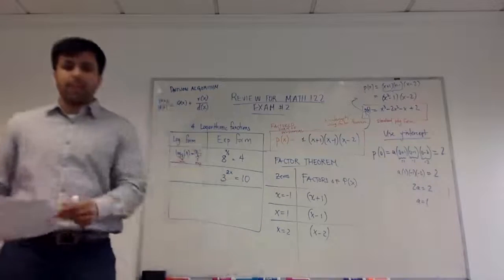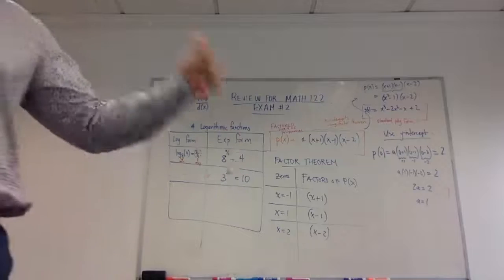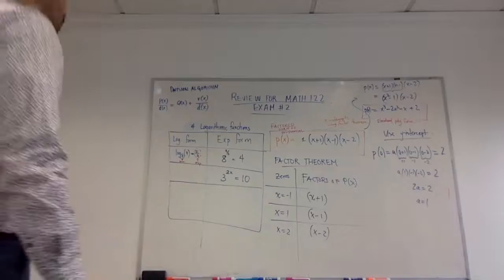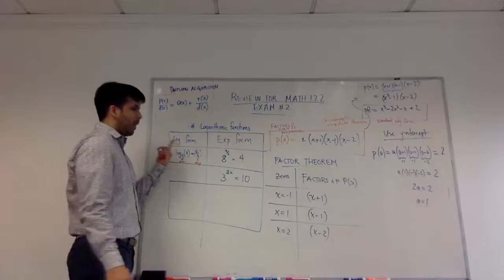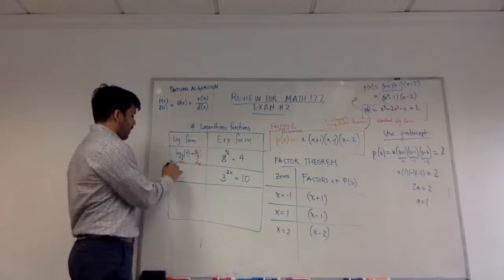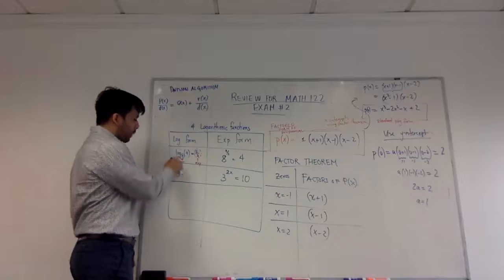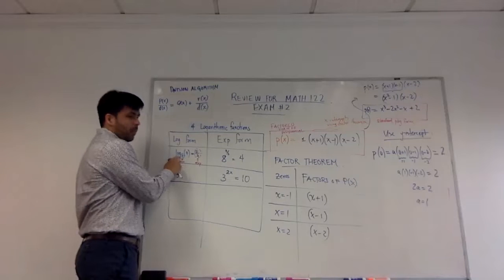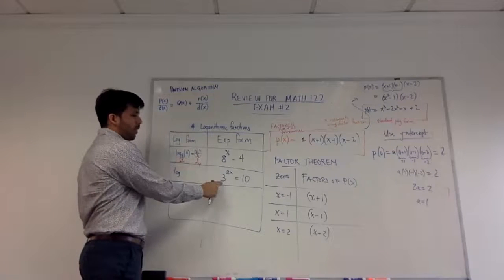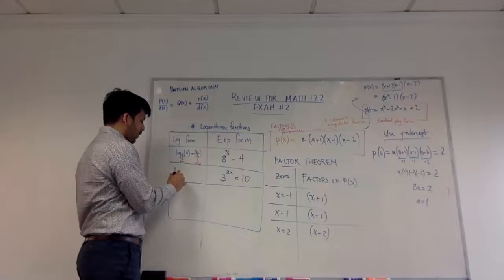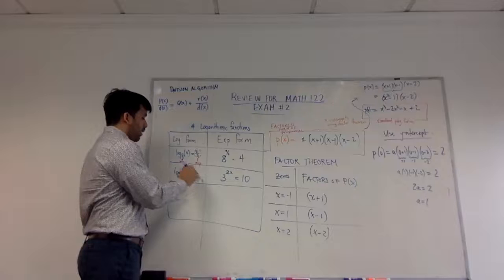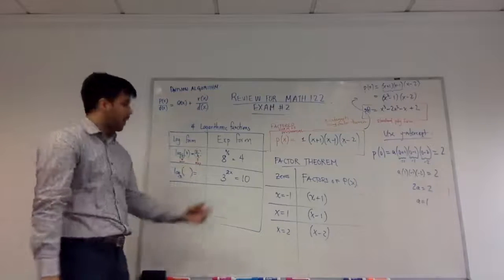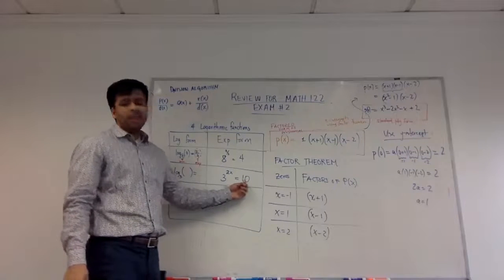So now I have the exponential form, and I want to go back to the logarithmic form. So the logarithmic form is of the following style. You write the log, and the subscript is the base. What's my base here? Well, it's 3. So this will be log base 3. But what is the input of my log? The input of my log is the output of my exponential function.